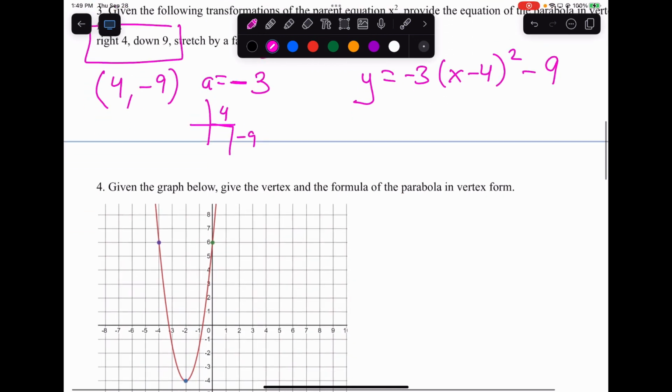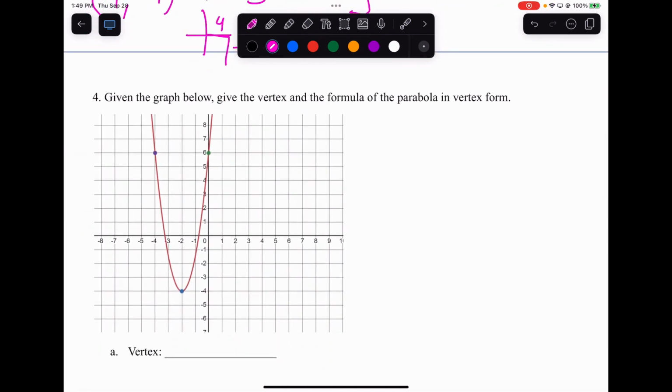All right, so now for the next couple of problems, we have to come up with the points on our own, and we have to come up with the equation on our own based on the information they gave us. When you're asked to come up with an equation from a graph, a set of points, or 2 points, you start with your vertex form.